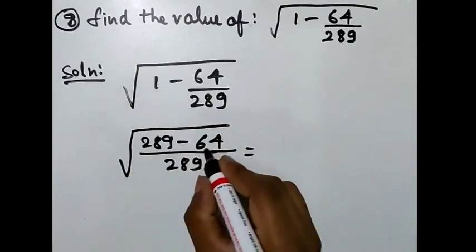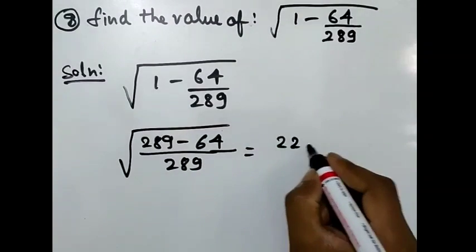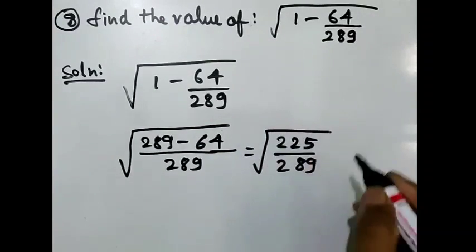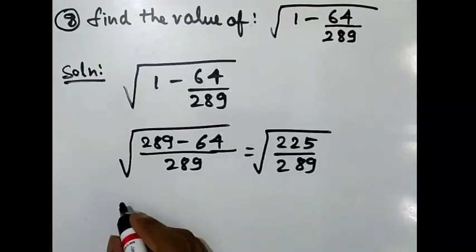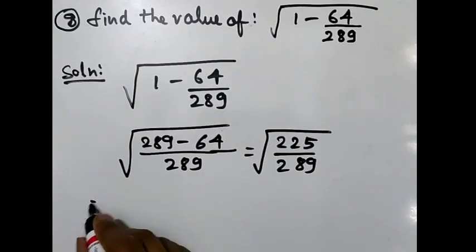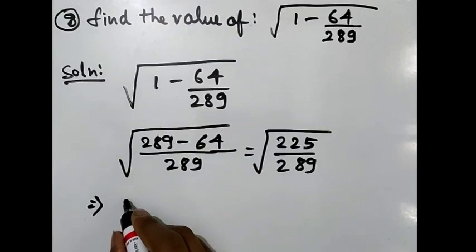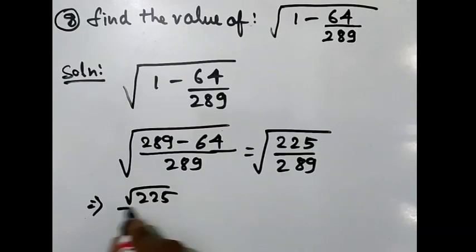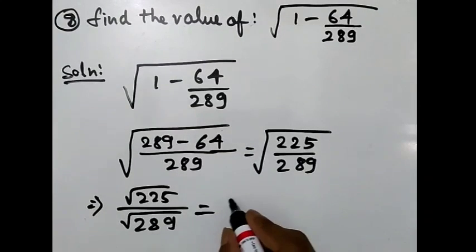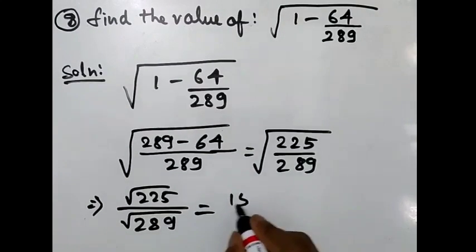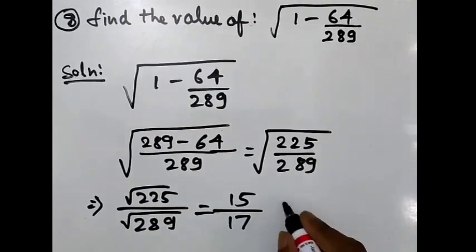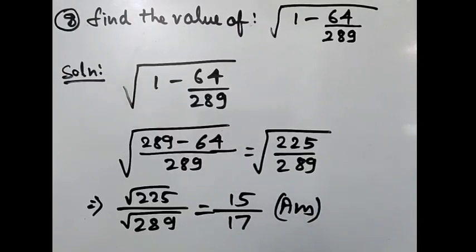So 289 minus 64 will give you 225 by 289. So now you can find separately the square root of numerator and denominator, which will be square root of 225 and square root of 289. So square root of 225 will be 15 and square root of 289 is 17. This is the answer.